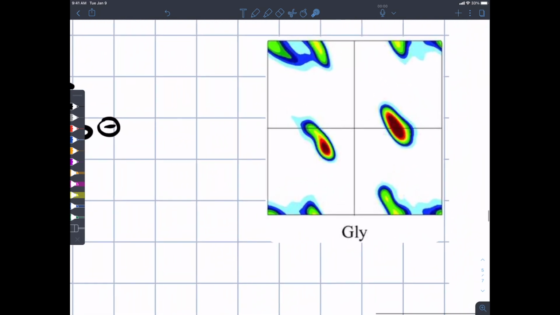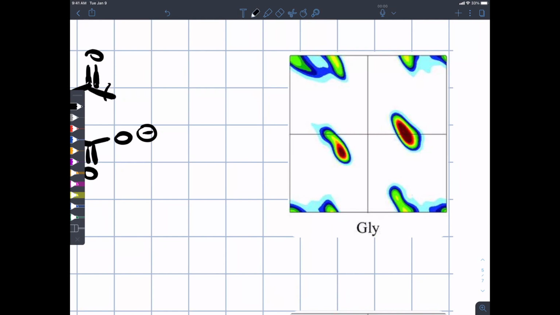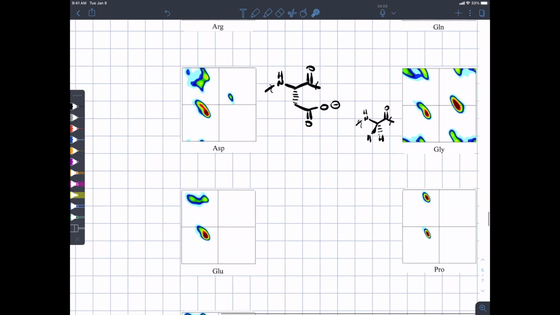Glycine is another interesting one. What's going on there? Well, glycine doesn't have a stereocenter at the alpha carbon. So you wouldn't expect glycine to have a preference for left-handed versus right-handed alpha helices, except for the fact that glycines occur in proteins that have lots of L-amino acids. But glycine can adopt dihedral angles with left-handed alpha helical or right-handed alpha helical structures.